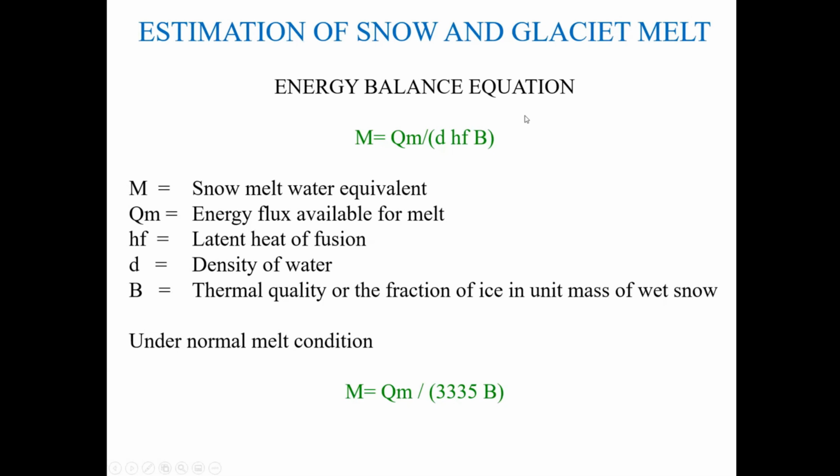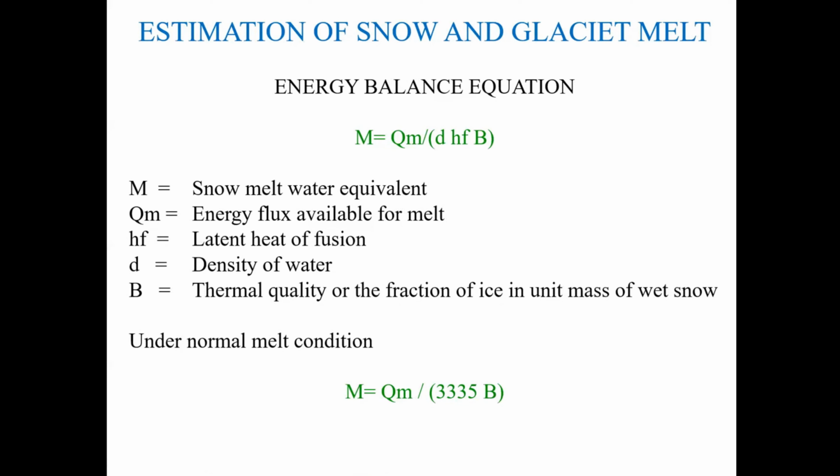This relationship can be used to estimate the snow melt. We already know the density of water and the latent heat of fusion, so what we need is Qm, the amount of energy flux available for melt, and B, the thermal quality, that is, the fraction of ice in unit mass of wet snow.